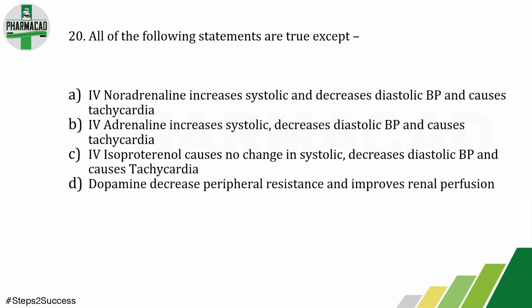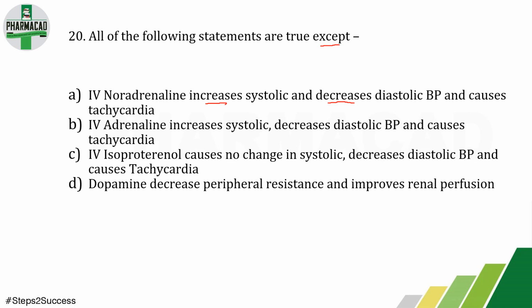Next question. All of the following are true except. So we need to find out the false statement. The first statement says that IV noradrenaline increases systolic and decreases diastolic blood pressure and causes tachycardia, that is, an increase in the blood pressure. Then IV adrenaline increases systolic, decreases diastolic blood pressure and causes tachycardia.